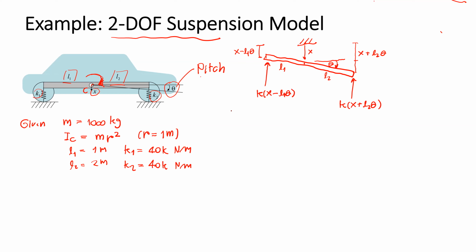And our equation of motion from the first governing equation, summation of f equal to m a x. So the x is positive in the downward direction. The spring force is in the upward direction, so it's negative.